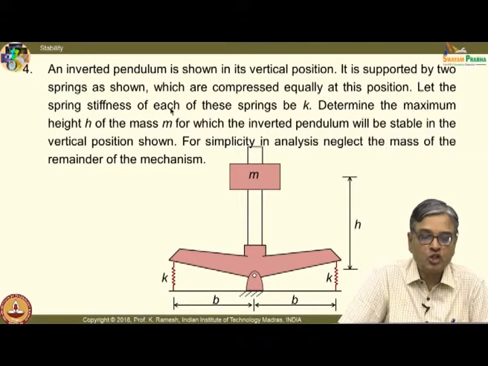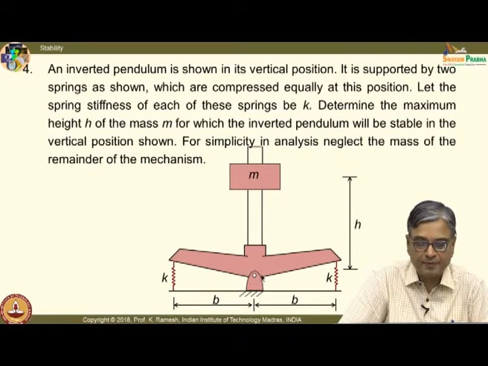Let the spring stiffness of each of these springs be small k. Determine the maximum height h of the mass m, measured from the pivotal position to the center of mass, for which the inverted pendulum will be stable in the vertical position shown.